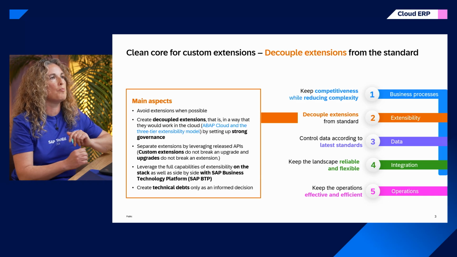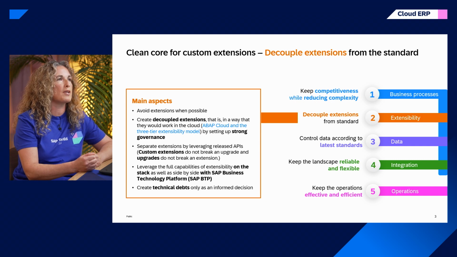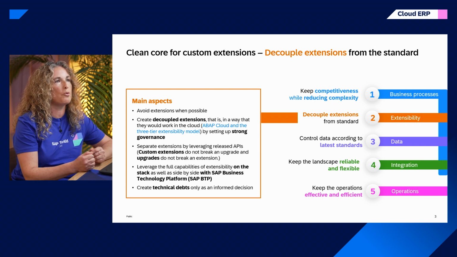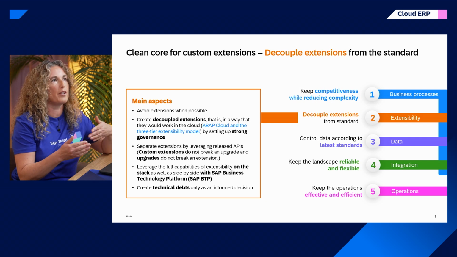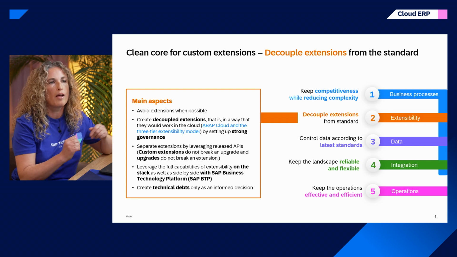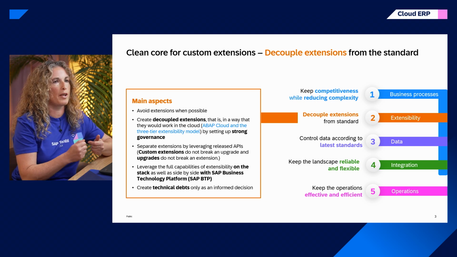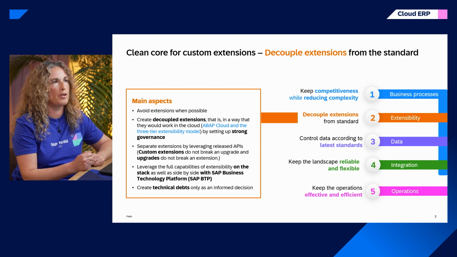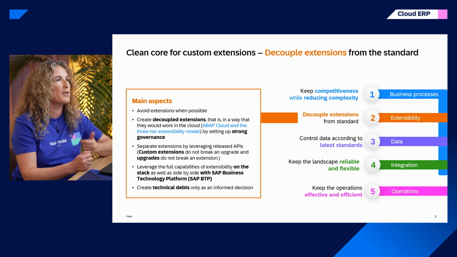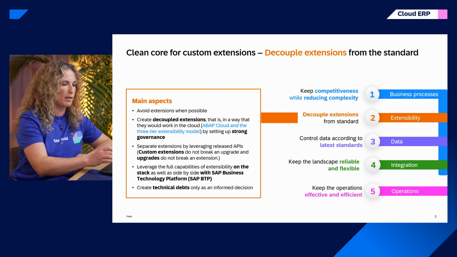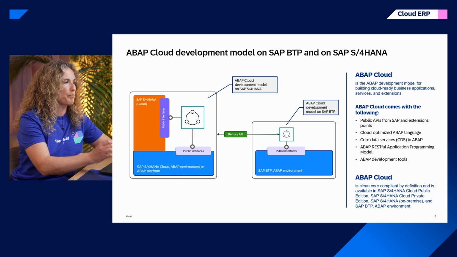And the important thing is you also need to set up a strong governance during your development process in order to ensure that extensions are really developed in a decoupled way. But using these public APIs, using ABAP Cloud development model rules and also the 3-tier extensibility model, you can now develop in a clean core way inside of SAP S/4HANA Cloud Private Edition system.